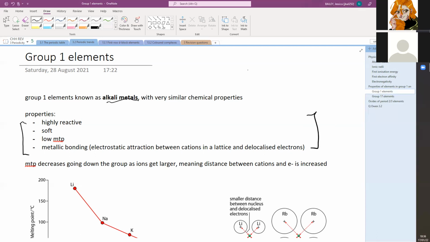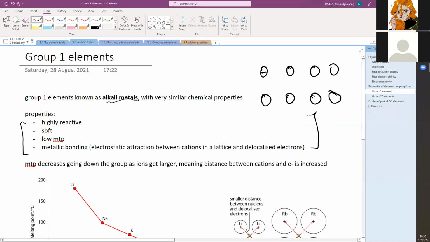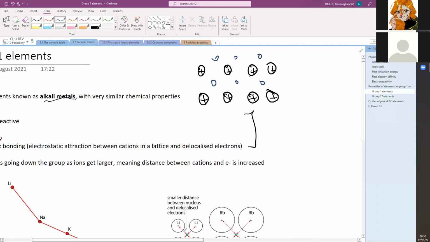If you just imagine you have a bunch of positive ions, so these are all of my positive ions that have donated 1 or 2 electrons into this sea, and these are all my little electrons. Then you can imagine that if these electrons are delocalized, we call them delocalized because they don't have a specific position where they have to be, then they can serve as a sort of in-between layer for all of these other positive charges to sort of float about.